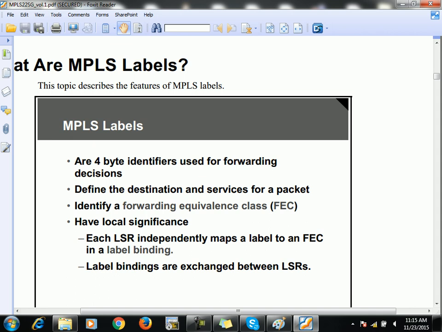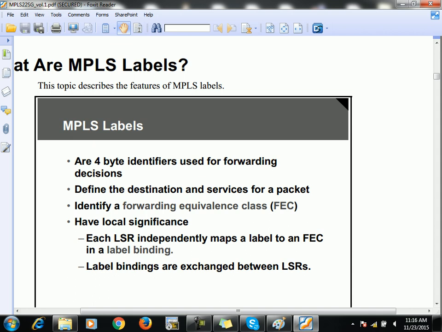One label represents one FEC, and the label will be allocated to a prefix, not to an IP. So whenever packets are forwarded towards that particular prefix, they will follow the same path and go with the same treatment. Treatment means policy: traffic engineering, VPN, everything.